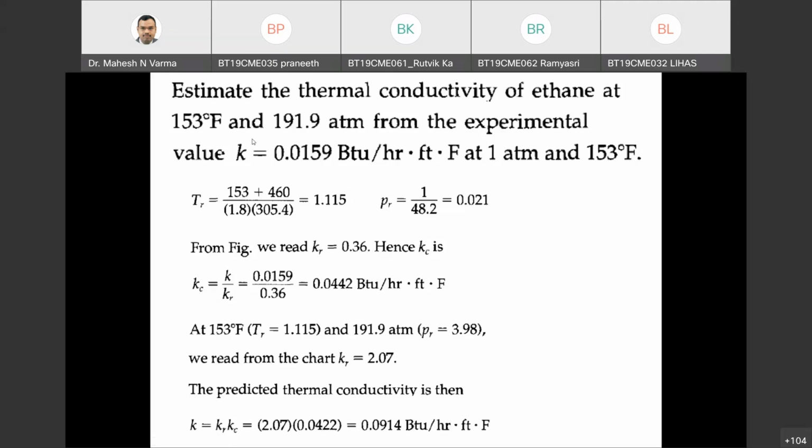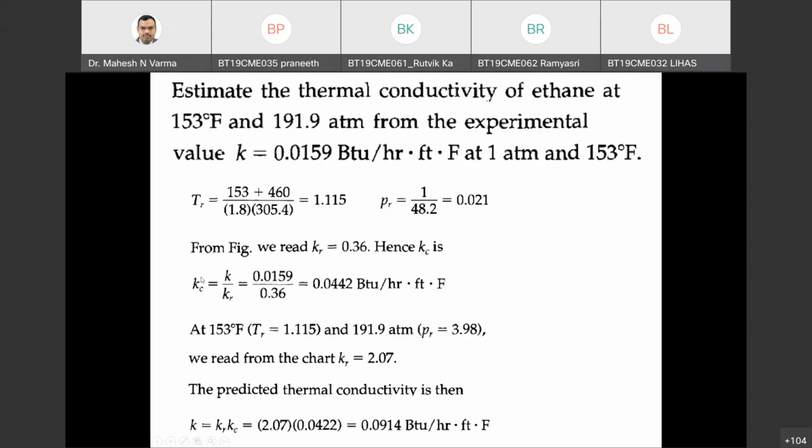It would not be used. So we will design the problem as per the given input. I want to use this given input also. Otherwise, you can get it from literature also.